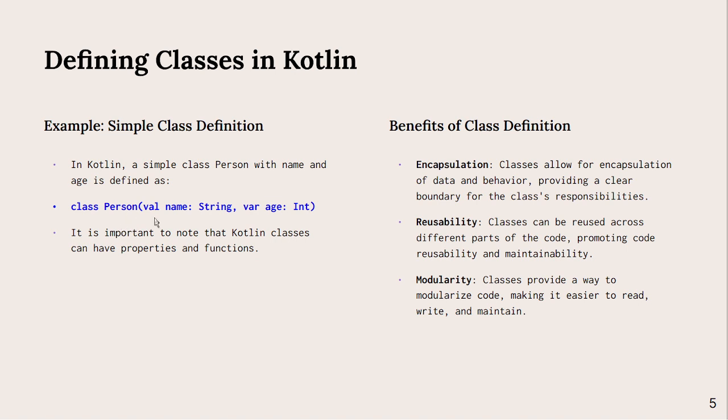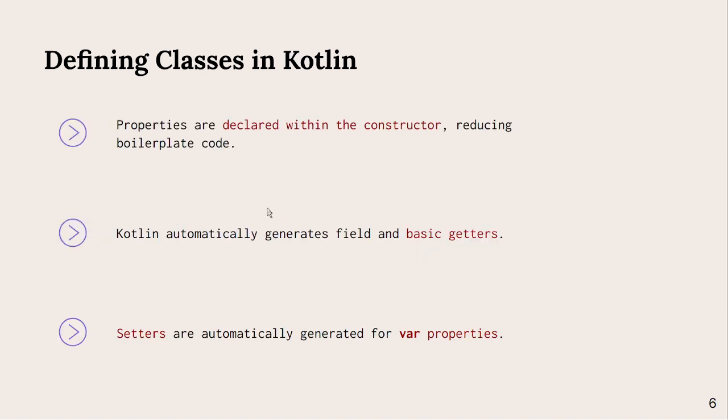If the dedicated property is not specified, they will be generated by the tool. Kotlin automatically generates fields and basic getters. For setters, they are generated for the var properties.